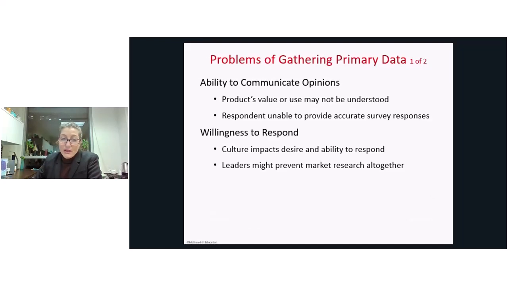There may be an unwillingness to respond as well. Some cultures have different perspectives on the desirability and the ability to be able to respond. And leaders may not look favourably on the research effort, and so they may seek to prevent it.